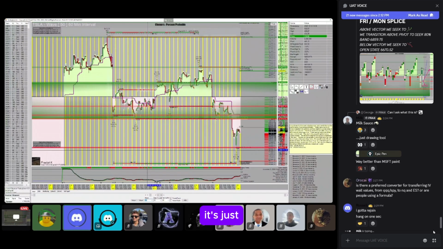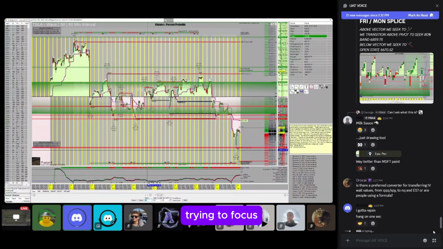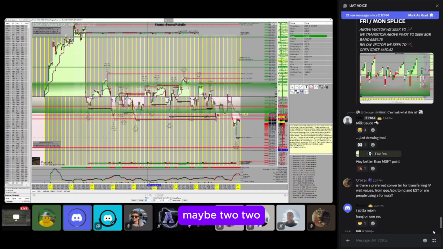But right now it's mostly doing the options, showing the options with those Mag 7 stocks for the most part, because really, trading SPY or the Qs or IWM or Google or Meta, I'm just trying to focus on one thing, maybe two or three things at the most.